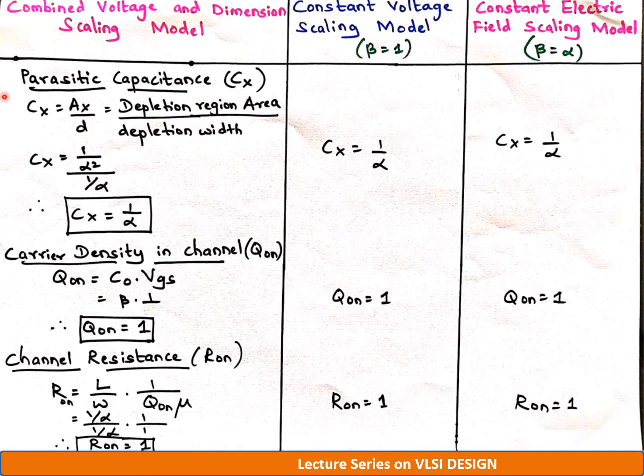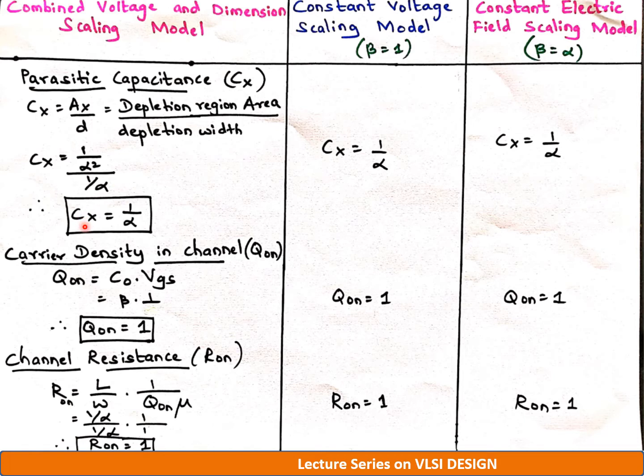The next device parameter is parasitic capacitance. Parasitic capacitance is given by depletion region area by depletion width, and area is scaled by 1 by alpha square. Width is scaled by 1 by alpha.